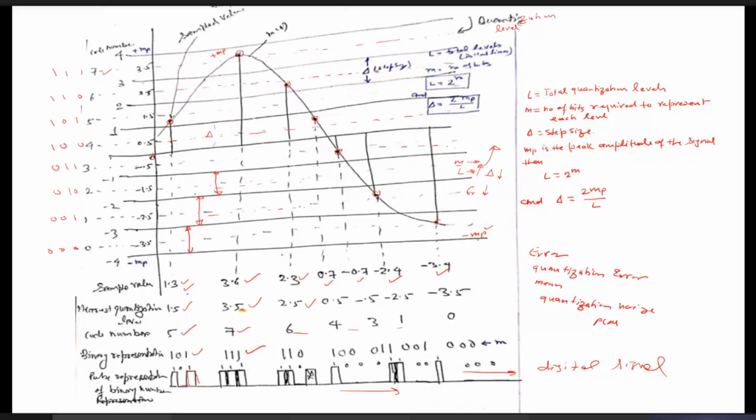If we increase the number of bits, then the bandwidth required for the transmission of PCM, which we will calculate, is given by M into FM. FM is the maximum frequency of the message signal, and M is the number of bits required to represent each level. Once we increase M, the bandwidth increases.